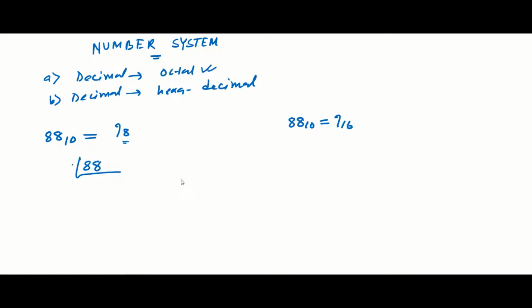If you divide it by 8, the remainder is 0 and the quotient becomes 11. Similarly, if I further divide it by 8, the remainder will be 3 and the quotient part becomes 1. So see, very easy here, just a series of division operations we need to follow.